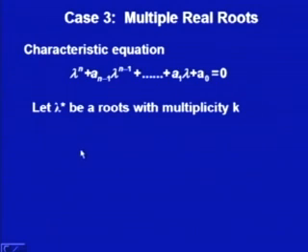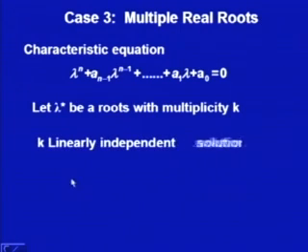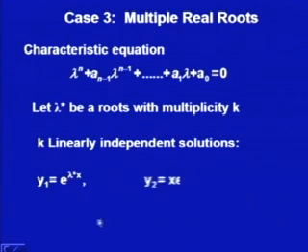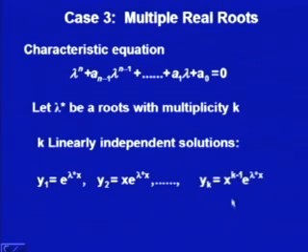Then one solution would be of course e to the power lambda star x, but what about the other solutions? We actually require k linearly independent solutions. Those k linearly independent solutions with respect to this lambda star would be this. First solution of course e to the power lambda star x, then the second solution will be x times e to the power lambda star x and so on. The kth solution will be x to the power k minus 1 e to the power lambda star x.